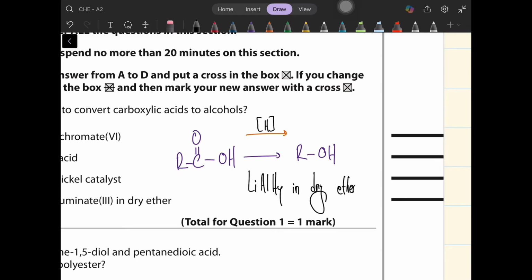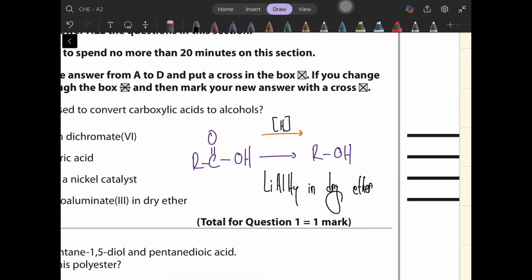So oxidation requires potassium dichromate, K2Cr2O7, along with dilute sulfuric acid, and the reduction is going to require LiAlH4 in dry ether.